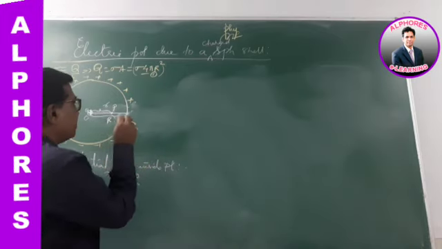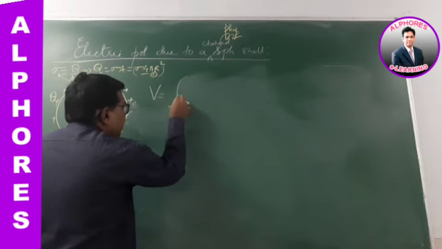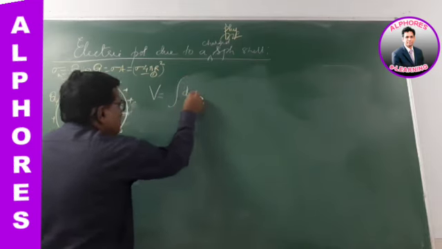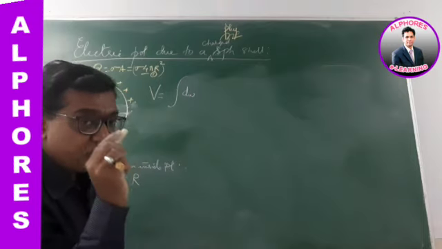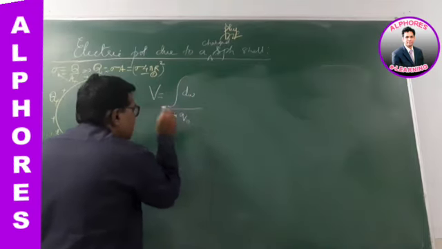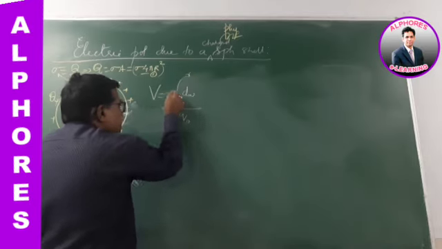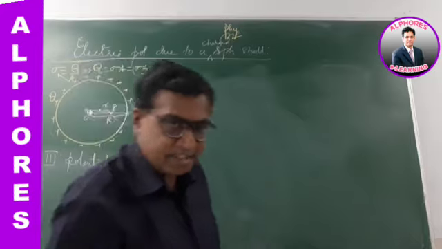Let's understand carefully. We know the potential is defined as the total work done in moving a unit positive test charge from infinity to the point in the field, against the field. So that is the definition actually.